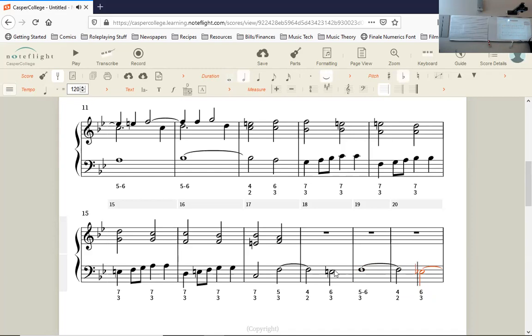That's as far as we can see so far, so let's fill in the top voices. Okay, so 4-2 for F, so we need B-flat and G. Excellent. And then 6-3, so from E-flat, G and a C, yes.